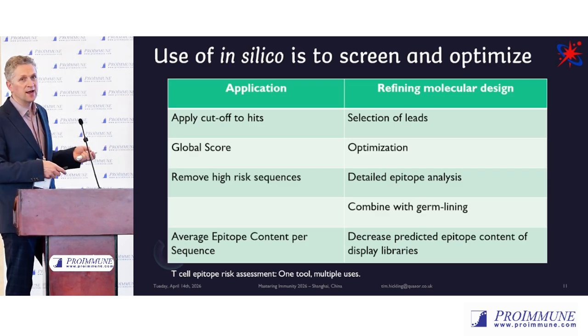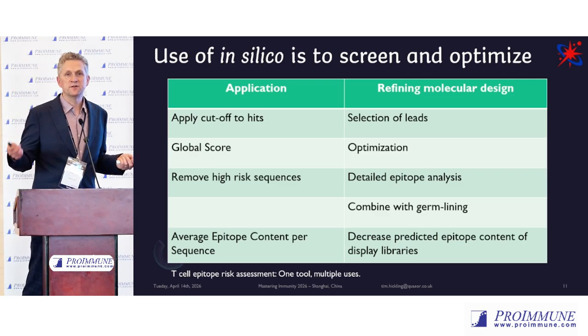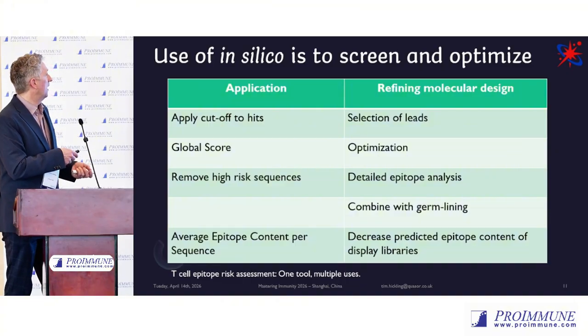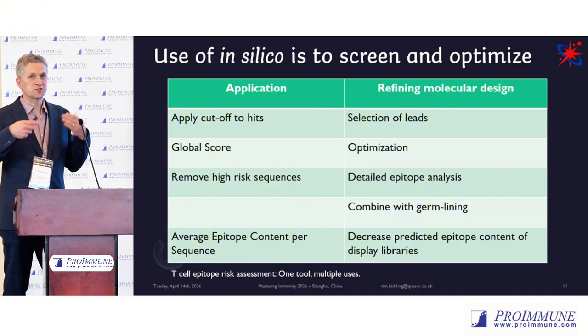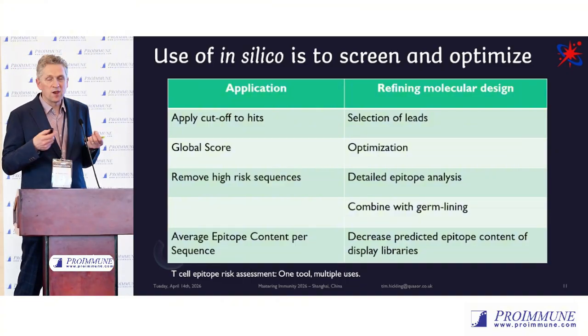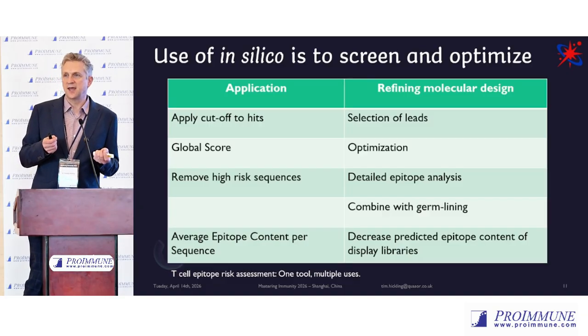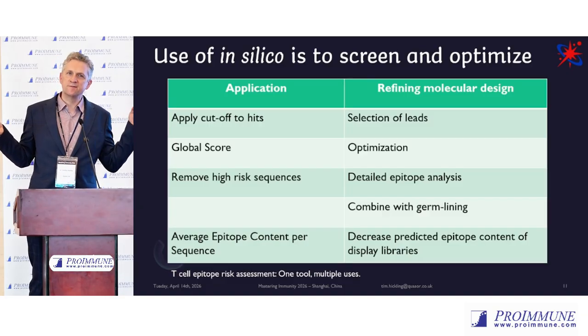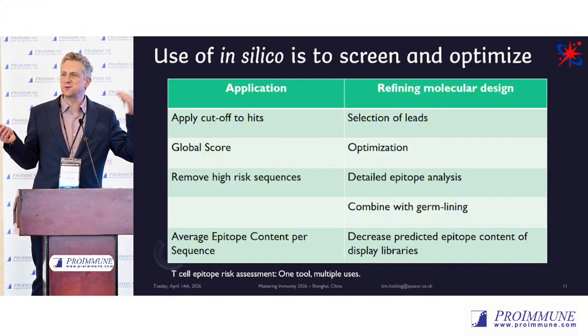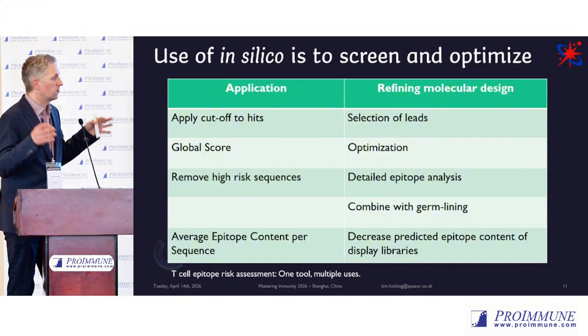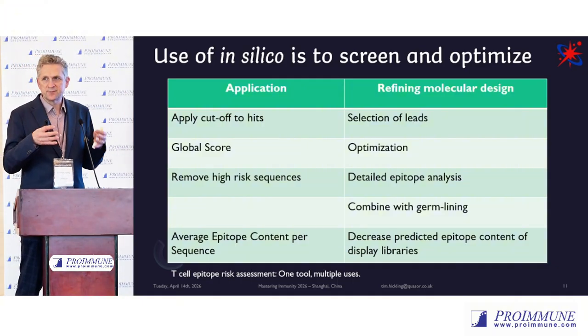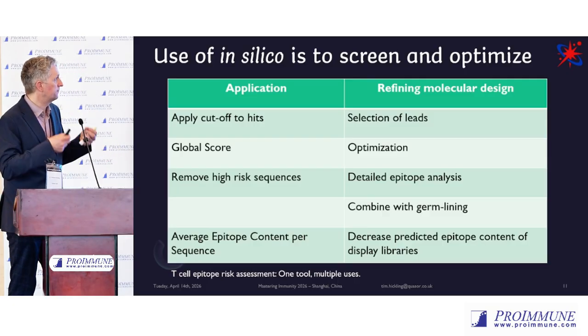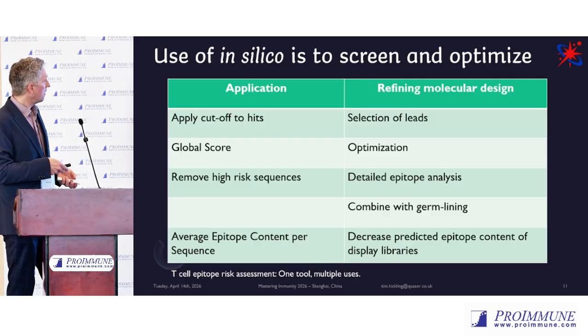Like if you're applying this very early on, say you've done a phage display, you can use a scoring matrix to then apply a cutoff and say, we've got, I don't know, 50 hits here, and we can move on the worst 25 of them and then concentrate on other aspects of developability for the further selection.